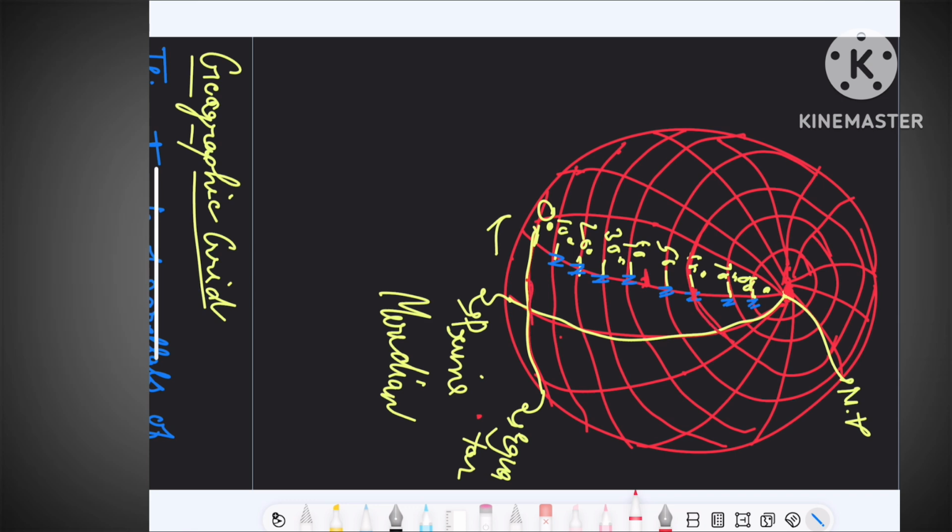For accurate measurement of location of various places on Earth's surface, a degree of latitude is divided into 60 minutes, and each minute of latitude is further subdivided into 60 seconds. What does it mean? We need an exact measurement of a location.